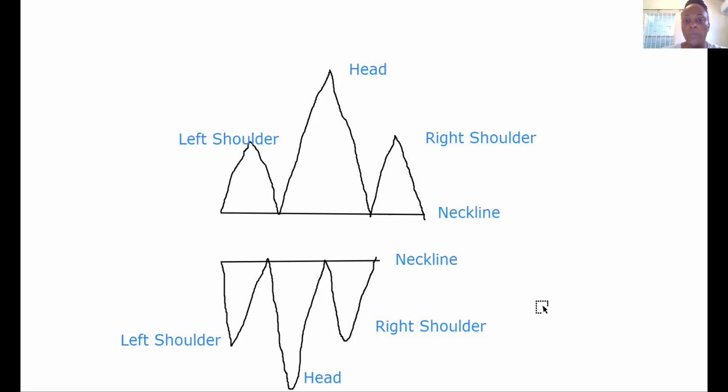All right, now in the head and shoulder pattern, there will be support and resistance in the entire pattern and not only just in the neckline. So for example, the left shoulder in a regular head and shoulder pattern meets a resistance, the head also meets a resistance, and the right shoulder also meets a resistance as well.